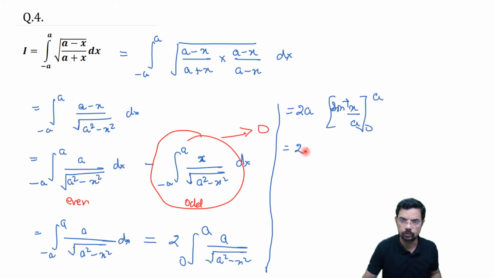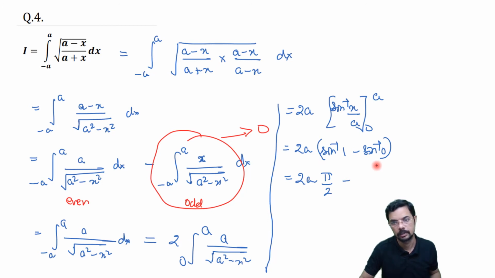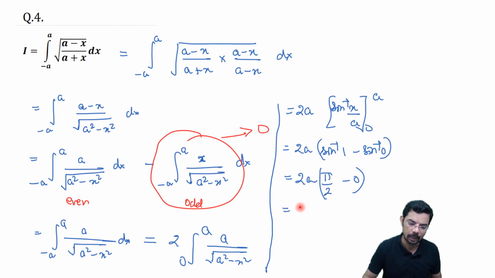So this is 2a into sine inverse of a by a, that is sine inverse of 1, minus sine inverse of 0. So that will be 2a, sine inverse of 1 is pi by 2, and sine inverse of 0 is 0. So 2a times pi by 2 is equal to pi a.